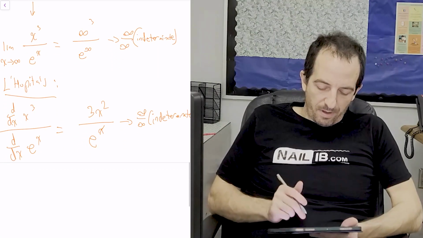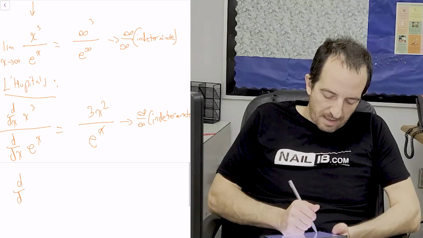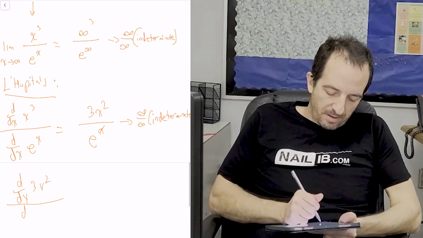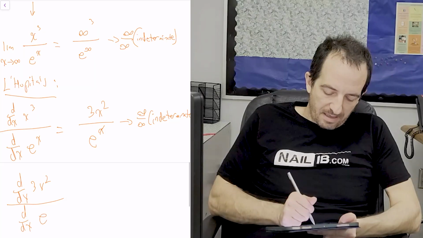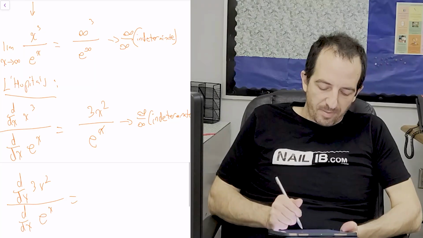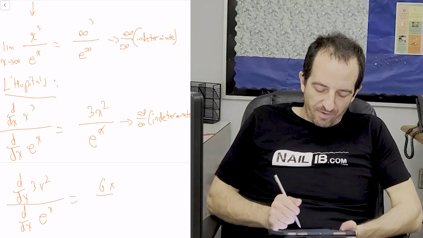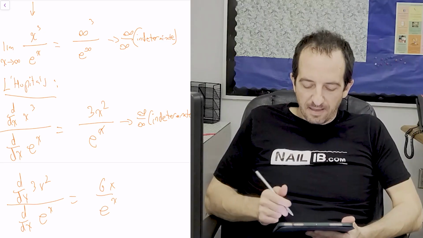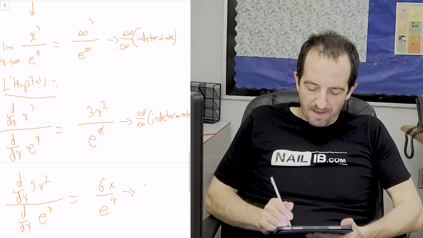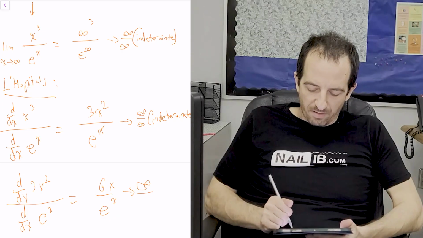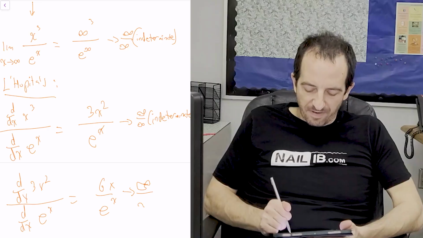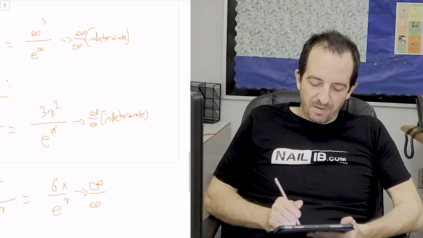So now I will do d dx of 3x squared over d dx of e to the x. That's going to become 6x over e to the x. I plug in infinity again. As we see, it's still going to be infinity over infinity. 6 times infinity is infinity. E to the infinity is infinity. You can see where this is going.